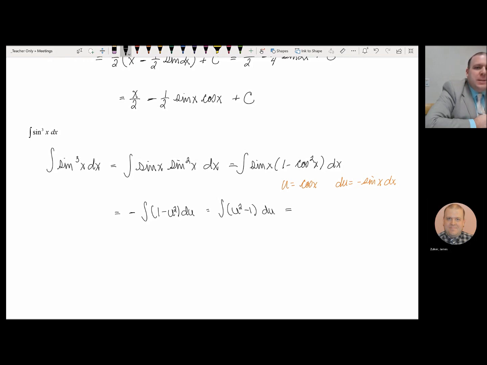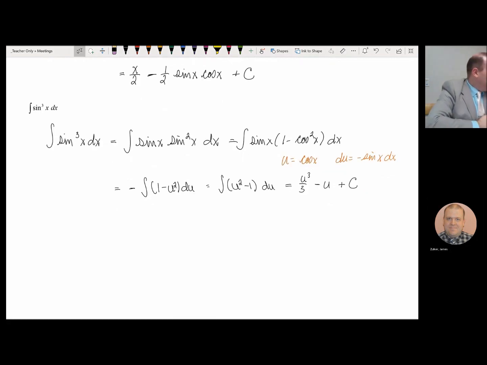Antiderivative of u squared is what? And then, of course, we have antiderivative of 1, which is just u. However, the original variable was x, wasn't it?